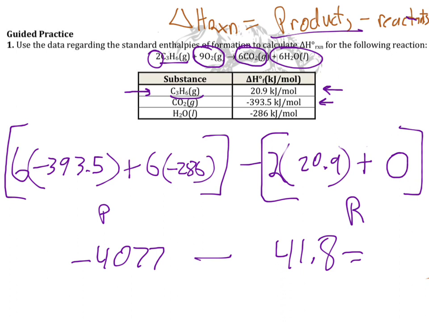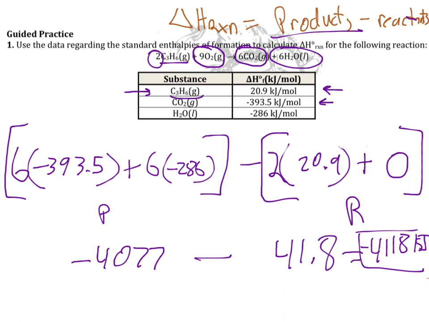Which will give us negative 4,118 kilojoules of energy. So this reaction has a delta H of negative 4,118.